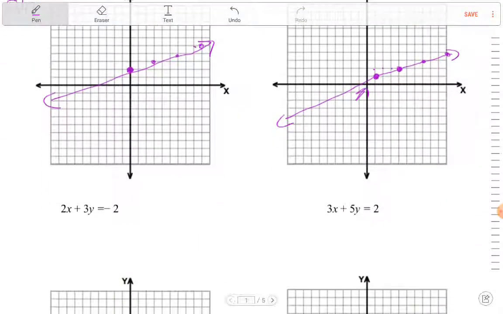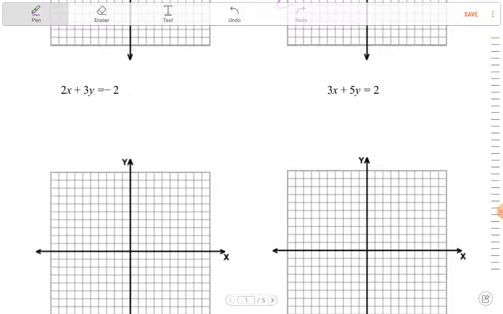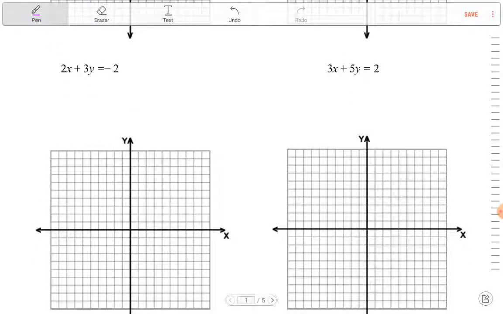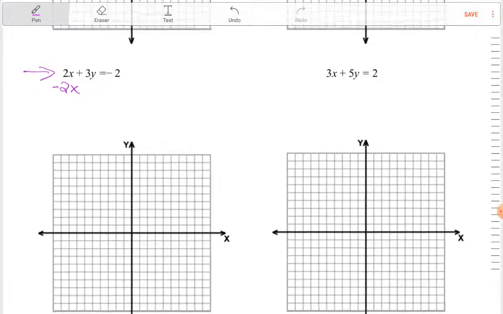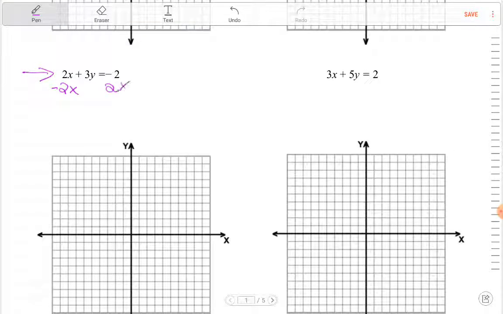Okay, let's do a few more problems together. In this case, my equation is given in standard form. We already know to be able to graph it, I need to rearrange my equation, make it equal to y. I would subtract my 2x on both sides, which then cancels out, leaves me with a 3y.